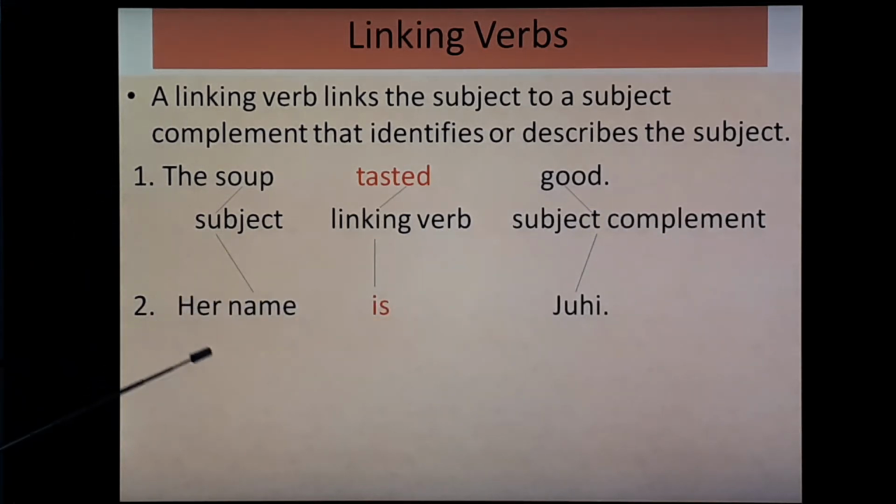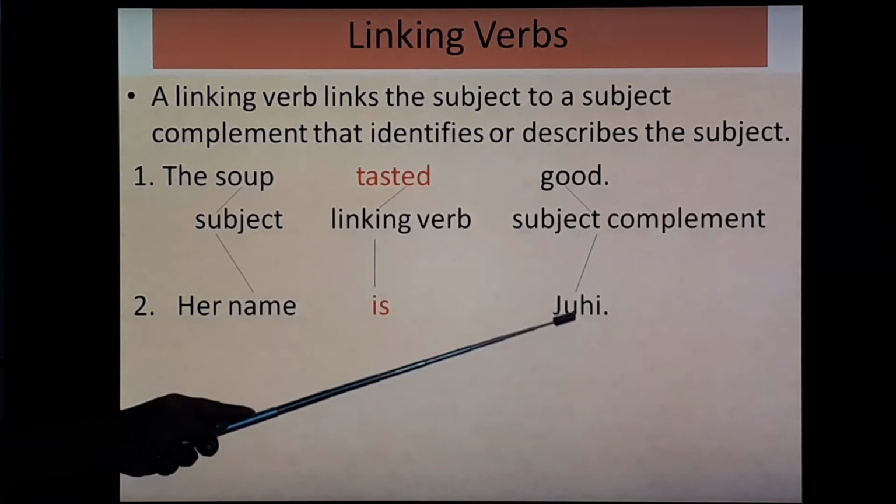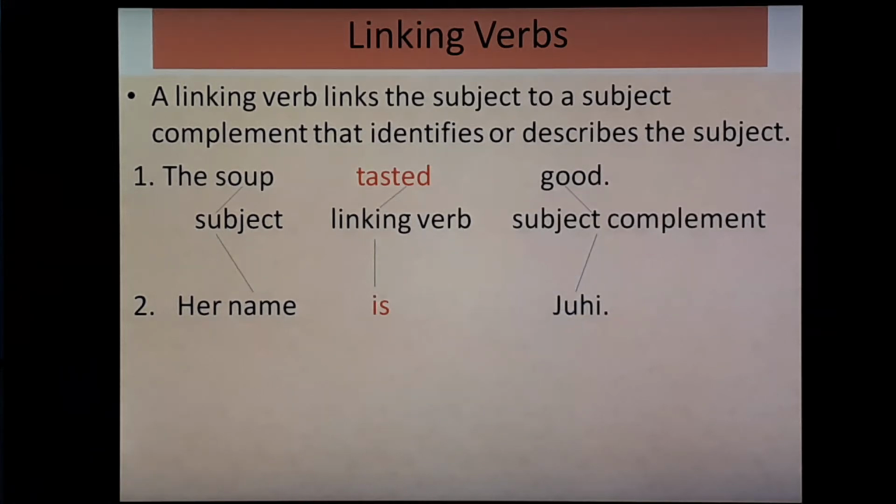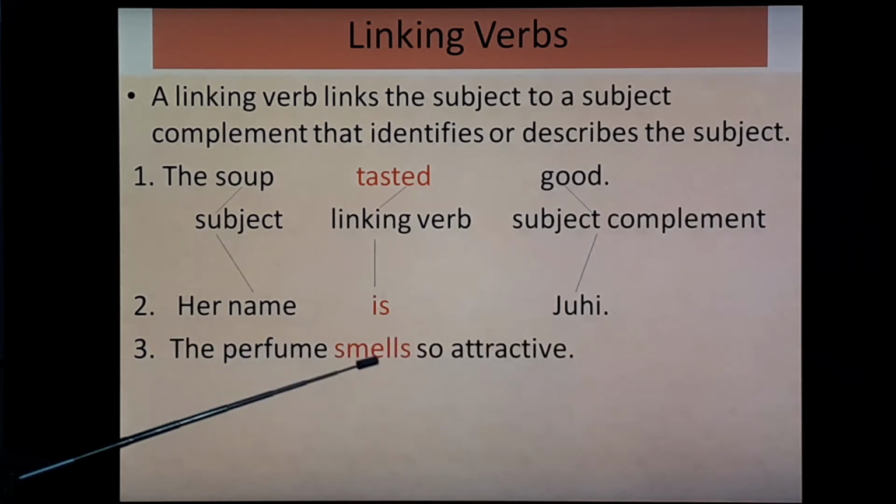In the same way, her name is Juhi. Her name is the subject, is is the linking verb, because it connects or links the subject to a subject complement. Juhi is the subject complement. The perfume smells so attractive.